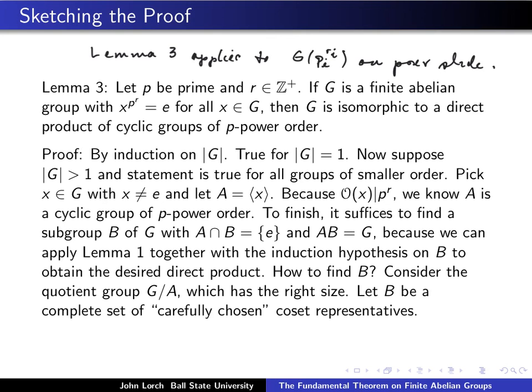And so if all of those are products of cyclic groups of P power order, then that finishes the proof of the theorem.